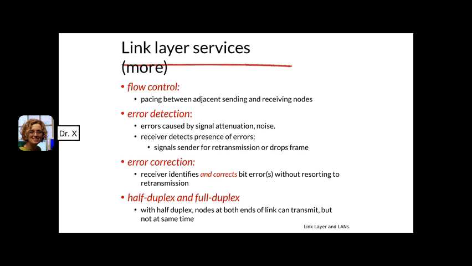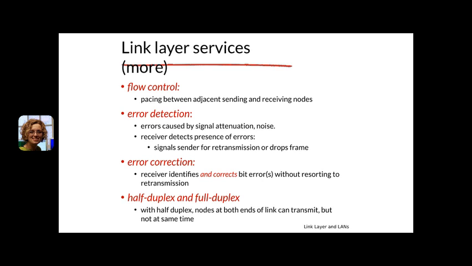More link layer services: flow control, error detection, error correction, and half duplex, full duplex. For flow control, how can we pace between nodes and not have any issues with losing information?